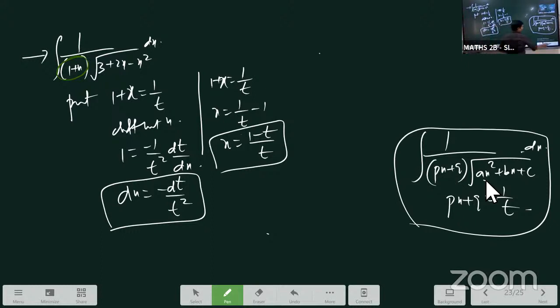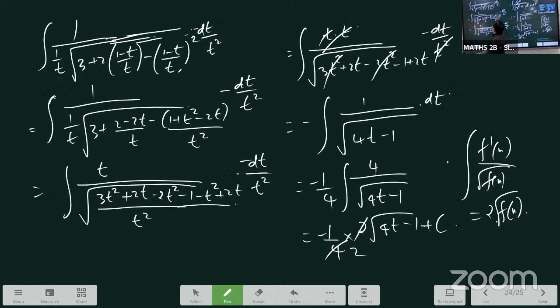Now replace everything there, and in simplification, you be careful, right? It is under root of, okay, now 3t square minus 3t square gets cancelled, you be sure, right? Then what I'm going to get is minus integration of 1 by under root of 4t minus 1.